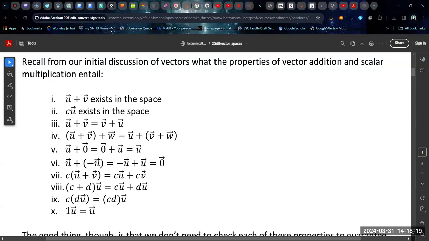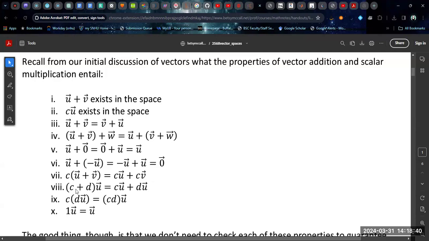Adding a vector to its opposite, so by distributing a negative sign through it, you get the 0 vector. A scalar multiple distributes, so the scalar will be equivalent to multiplying the first one and then multiplying the second one before you add, or you can add first and then scale the result.